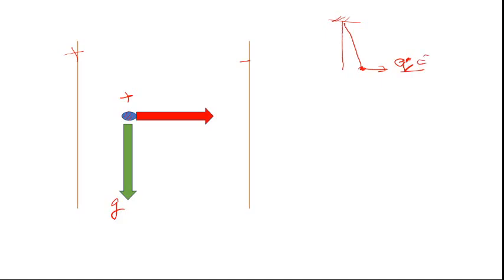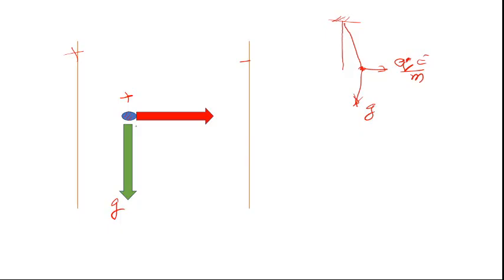QE by M. This is one acceleration, or force, acceleration due to the force QE, and the other is mg. Because of mg, you have got an acceleration g downwards. So therefore it is a vector sum, the resultant effective acceleration g dash.